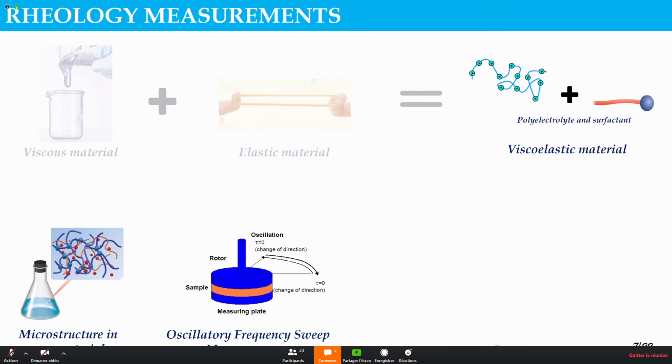You fix the amplitude and you just change the frequency in the range of this amplitude. And what do you get from this measurement? From this measurement, you get two important parameters, G prime and G double prime, where G prime takes into account the elasticity of the material, and G double prime takes into account the viscosity of the material.